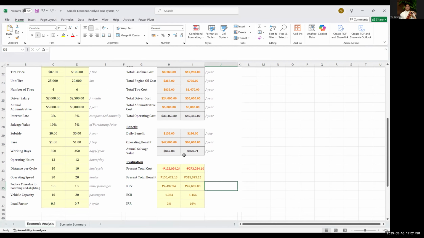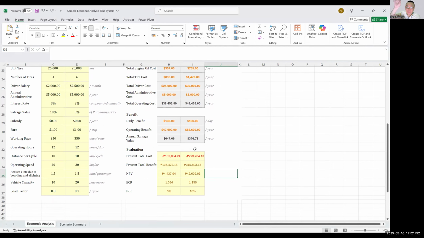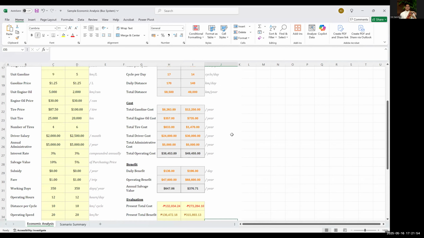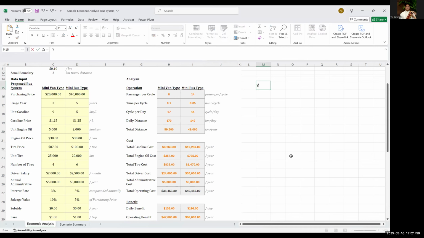Every year you need to add the year, the benefit and the cost, and you put it all in every year. Then you get the net, the benefit minus the cost, and that is the one that you need to compute for the IRR.